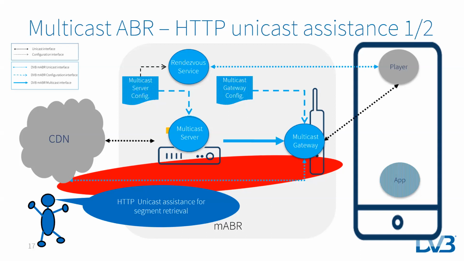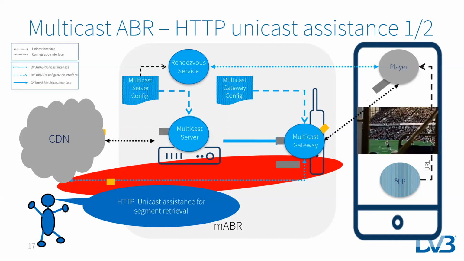So here, the way it works, if the multicast gateway detects that there is something missing, the multicast gateway receives the request from the player, and if it cannot provide the requested segment, it will request the segment from the CDN.